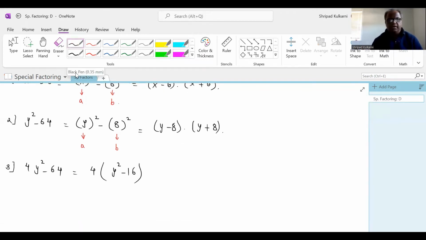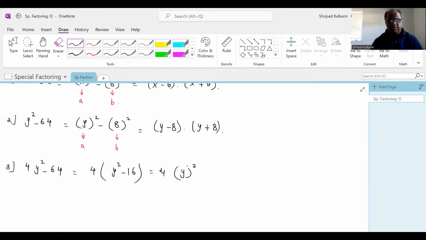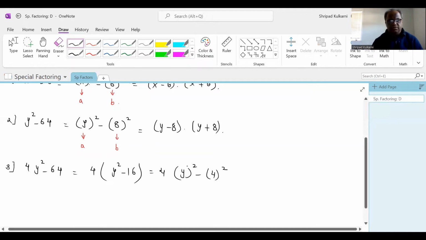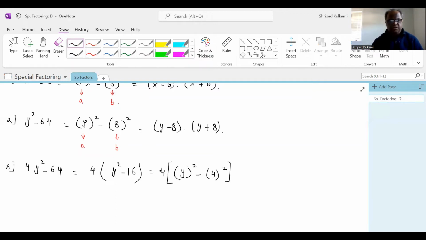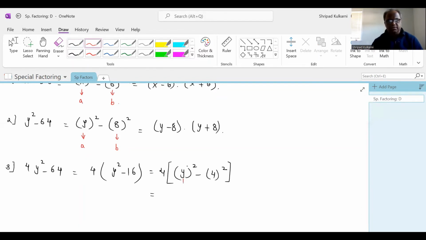I mean, in any way you go, the answer will remain the same. I can further write y bracket square, 16 I can write as 4 square using special factorization, which will be, this is my A, this is my B, and I would write it as 4 times y minus 4 and y plus 4. Okay? That should be the answer.